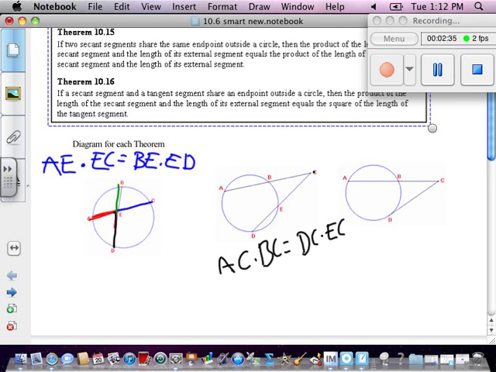Okay. So now we've got a secant and a tangent. So we take A to C times B to C equals DC squared. Now we're just going to go through and do examples of these. I think they're pretty easy.